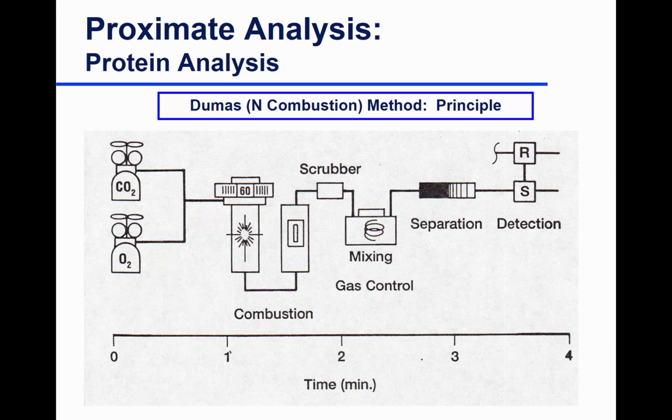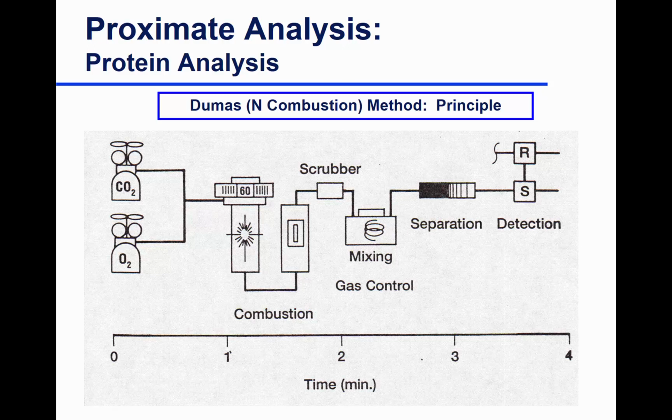So this is another schematic where oxygen gas is used. Here it is illustrating that compressed CO2 and oxygen are used for the combustion. We have a carrier nitrogen gas, we have scrubbers, samples get combusted and then they are scrubbed off, and then they are reduced into nitrogen gas. And then sometimes you have a chromatography column.